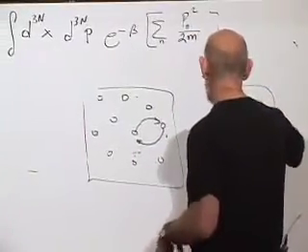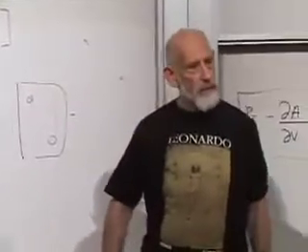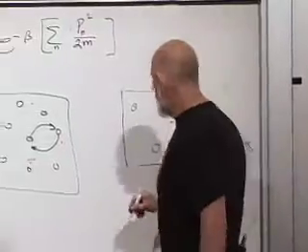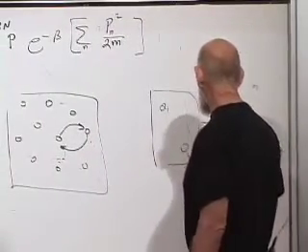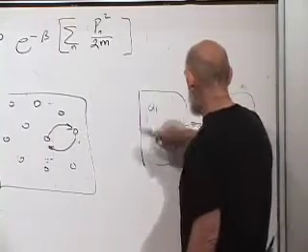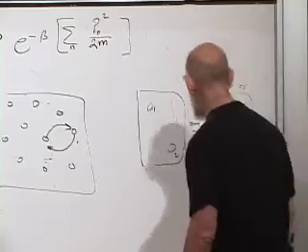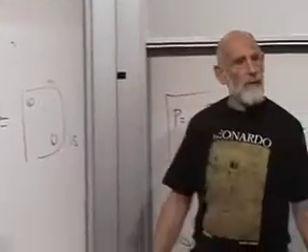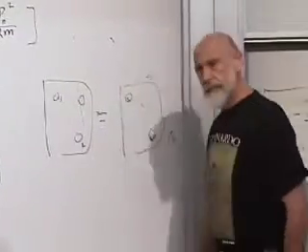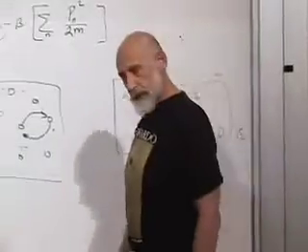and I integrate over all possible states, I'm double counting, because I'm counting each configuration twice. If I call this the first particle and the second particle, this is the same configuration as particle 2 over here and particle 1 over here. So that means I would have to divide by 2. What if there are 3 particles? What do I divide by? If there are N particles, N factorial.